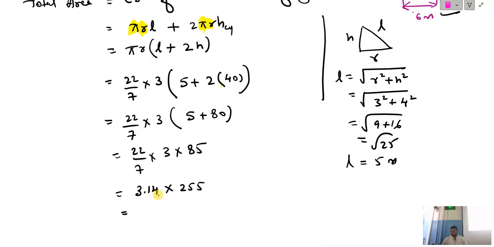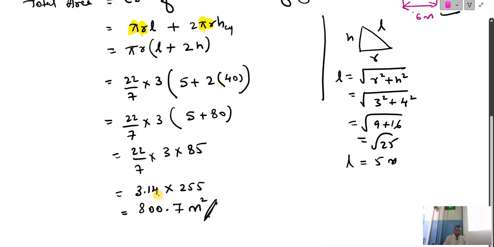Directly I will mention this value now. 3.14 into 255, so it is 800.7 meter square. Isn't it clear? So this is what? Total area of rocket.